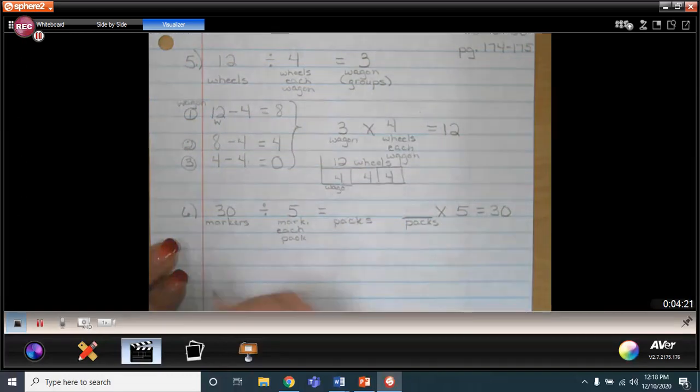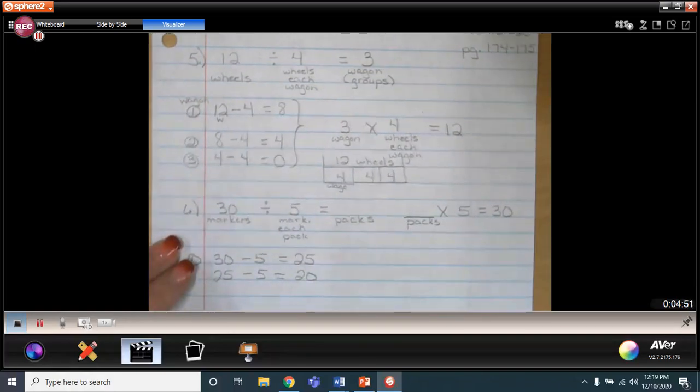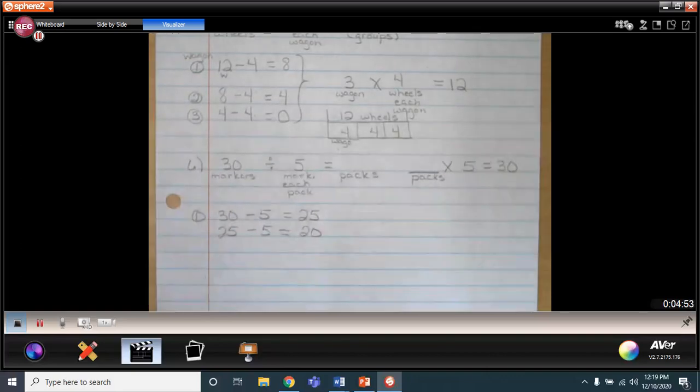Okay, so if I start off with 30, I take out 5 markers. That leaves me with 25. This is one pack so far. If I take those 25 and take another 5 away, that leaves me with 20. You'll notice that these are multiples of 5, but they're going in reverse order, showing repeated subtraction.